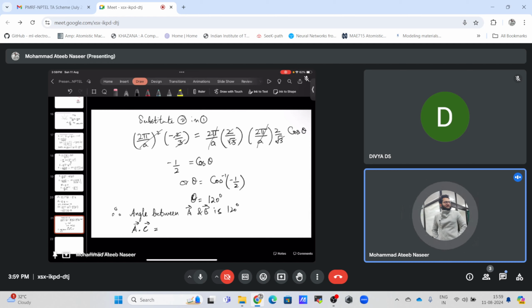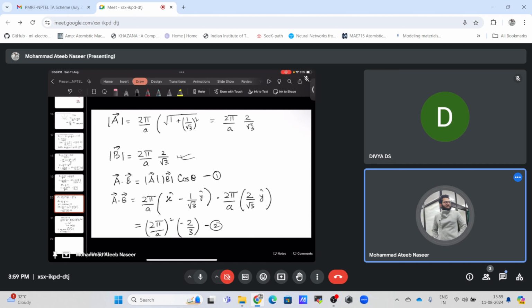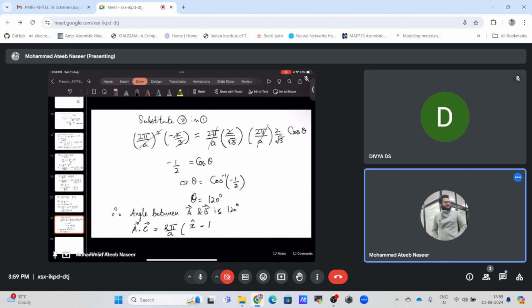A dot C is simply 2 pi by a times x hat minus 1 by root 3 y hat, dotted with 2 pi by C1 z hat, so it is simply equal to 0.